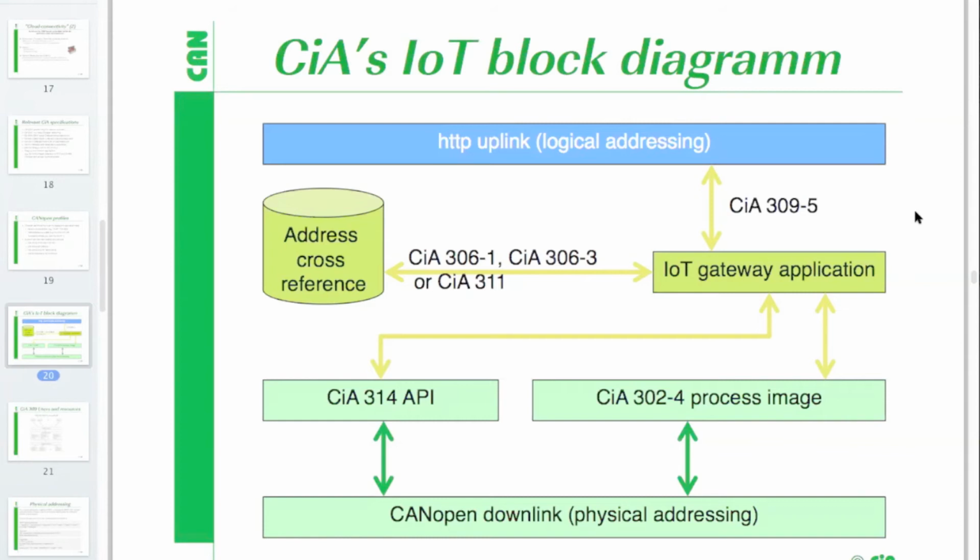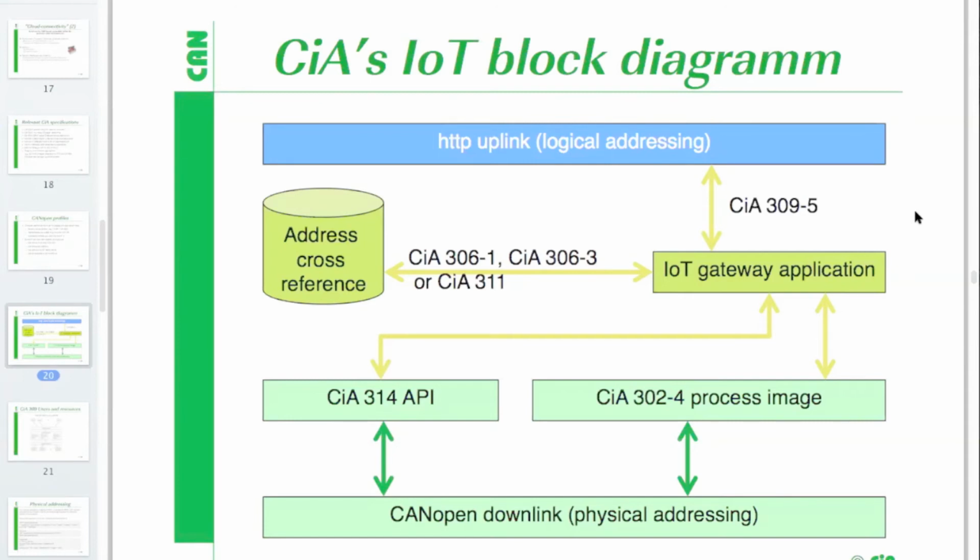We have the CANopen embedded network with physical addressing, which is also available here. And we have an application interface for the PLC or host control devices and so on, which could be designed as well.